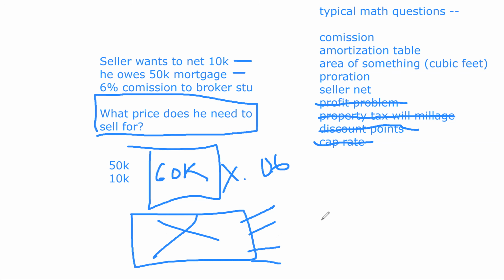Now, something you could do is this. You could subtract 6% from each one of them. But that's the same thing as saying 94%. So this 60,000 is 94% of one of those numbers. So you could multiply each one of these by 94%, or just like we did before in our algebraic equation, you could divide the 60,000 by 94% to get your answer.